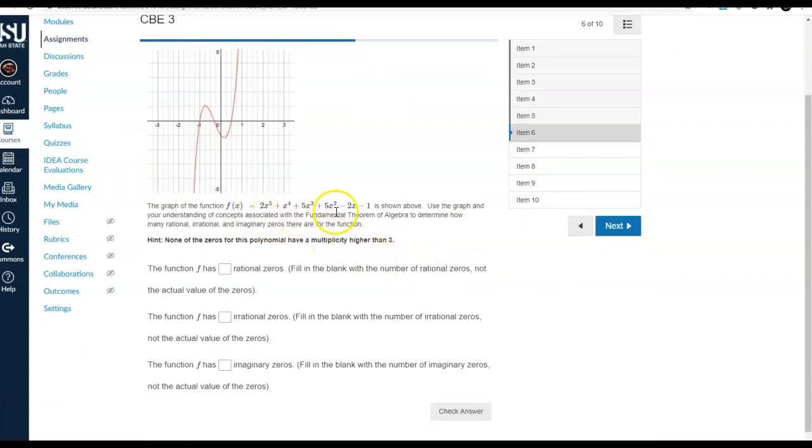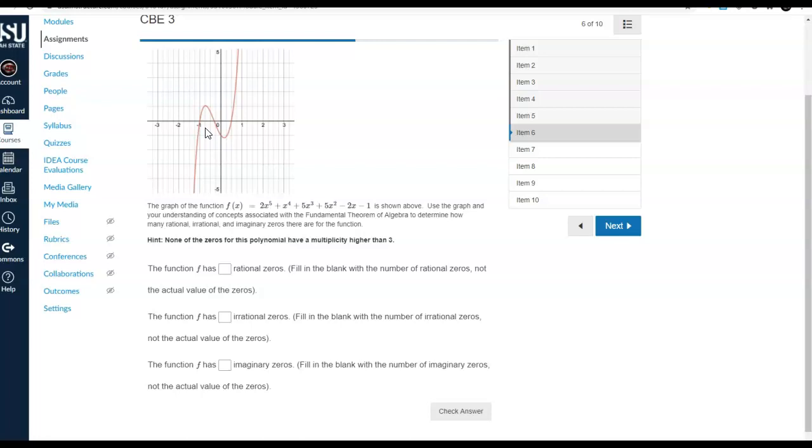Okay. All right, our next one here, we're looking at the same thing. I'm looking at this. Looks like it goes through negative 1 and possibly 1/2 and some other value here. But we're going to do synthetic with negative 1. So we've got 2x to the 5th plus x to the 4th plus 5x cubed plus 5x squared minus 2x minus 1.